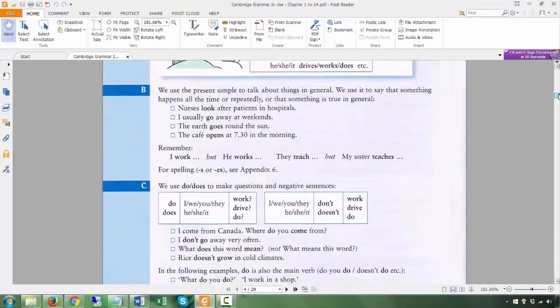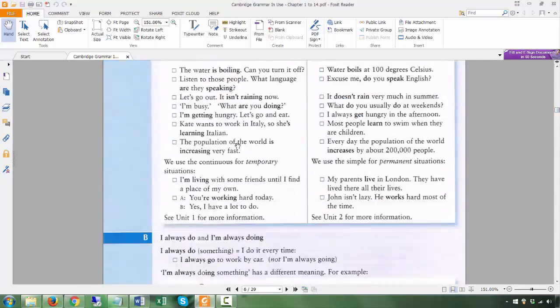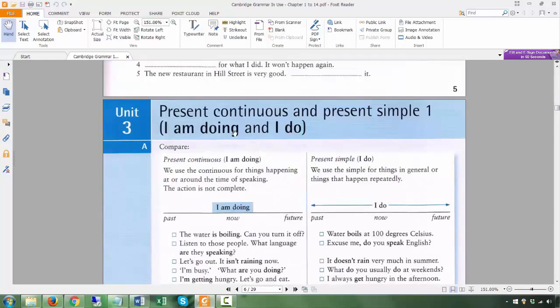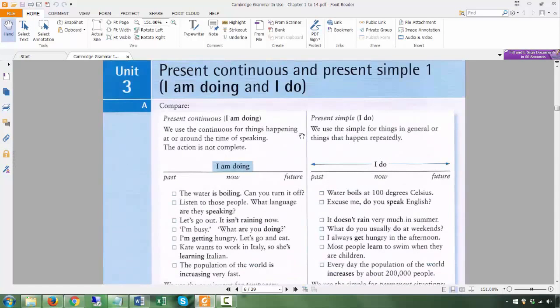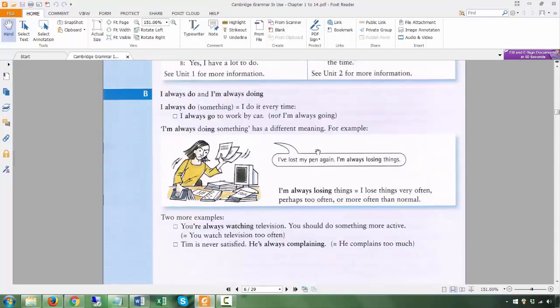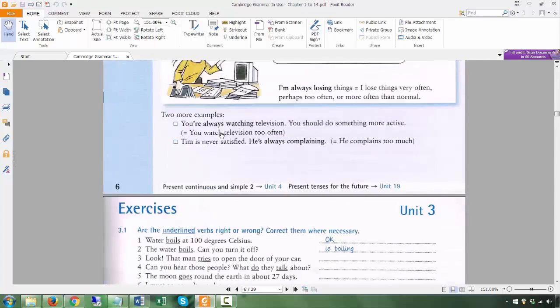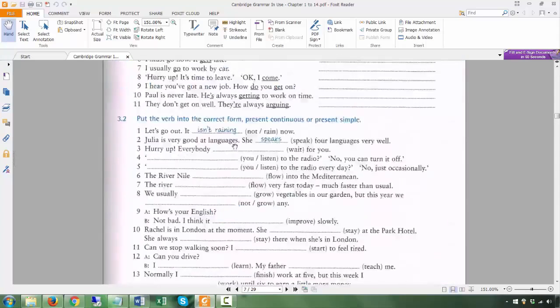Let's go to Unit 3. It tells you a bit more information in the beginning. Remember, always read the first page of the unit, with more information about the differences. You can read through this, but one thing I want you to take note of will actually be mentioned in Unit 4, so I'll mention that later.